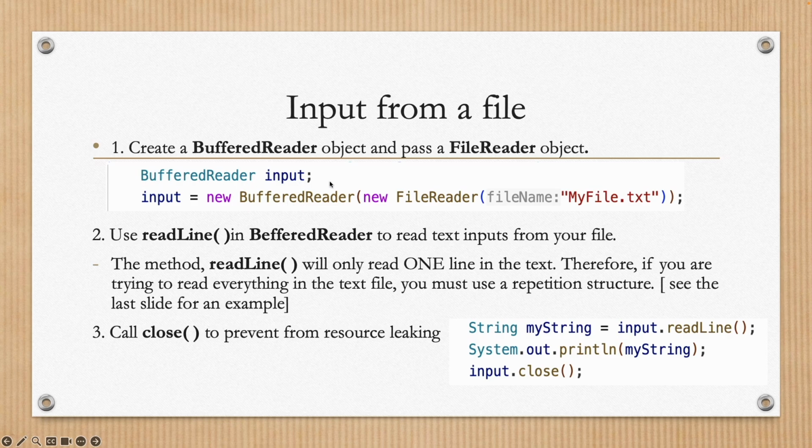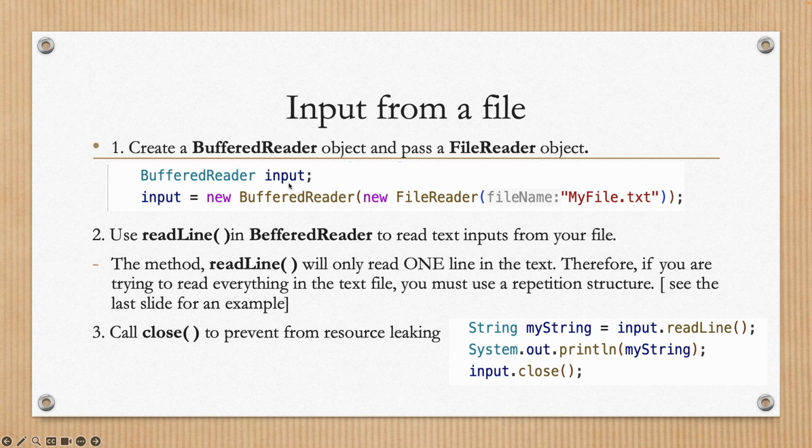And how do you do that? You can do it in two lines. Creating a BufferedReader object is pretty much the same as creating a Scanner object. Start with BufferedReader in the beginning, and then write down the variable name for the BufferedReader.